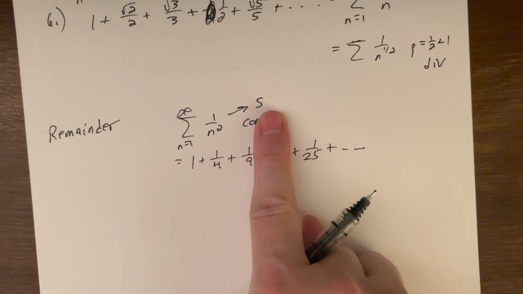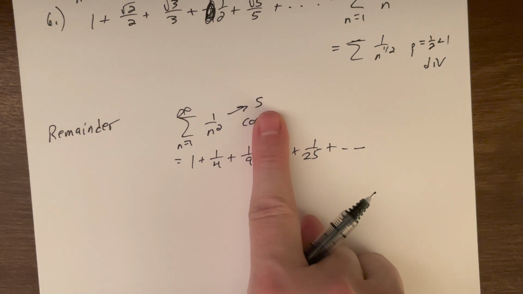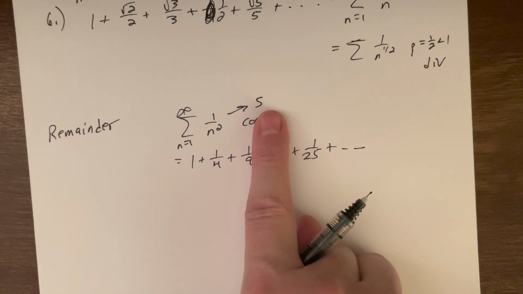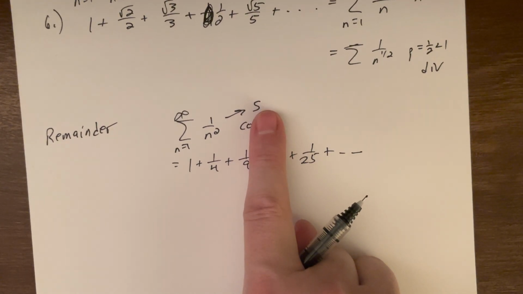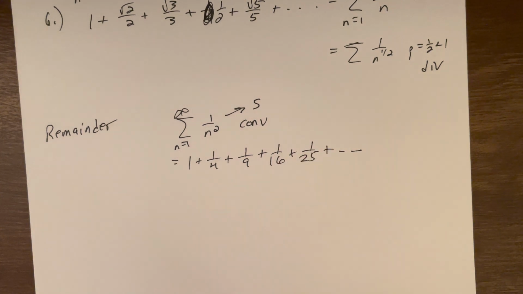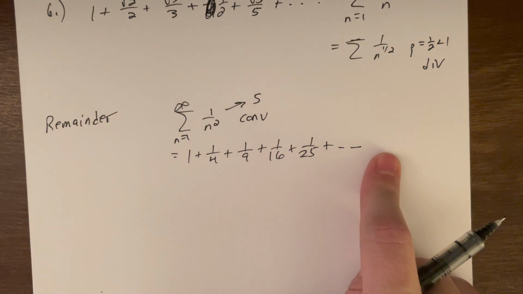Now, when I say nice value, that doesn't mean it has to be a nice whole number. Maybe it adds to 14.3, or maybe it adds to the square root of 3, or maybe it adds to pi over 6. Any of those things are possible, but we're getting some nice answer. We're not getting a does not exist. We're not getting an infinity or negative infinity. But what is that sum?